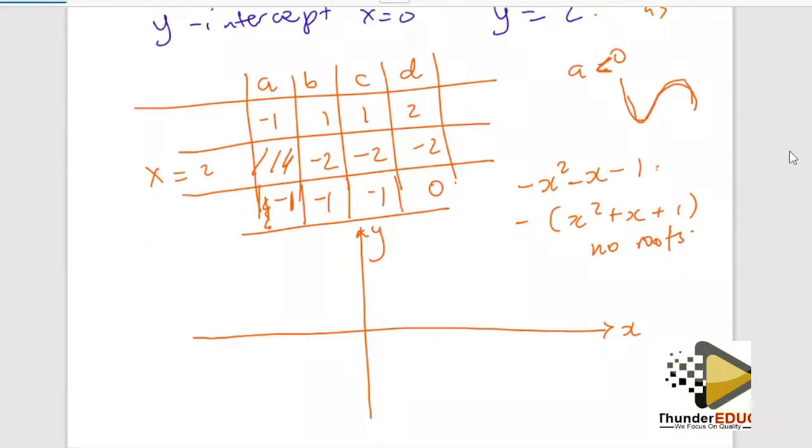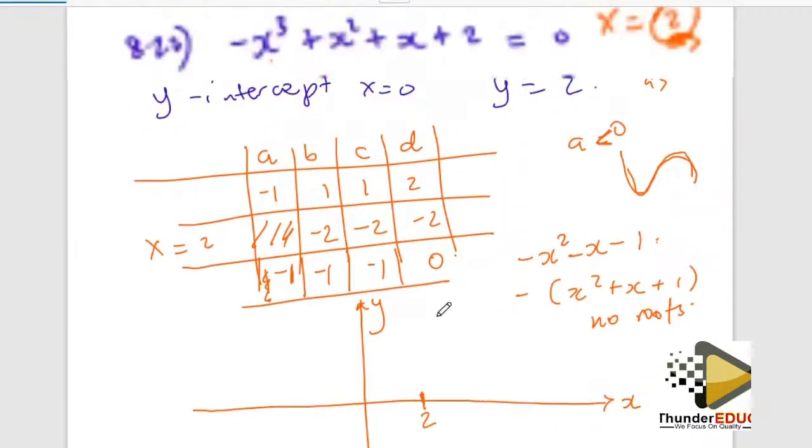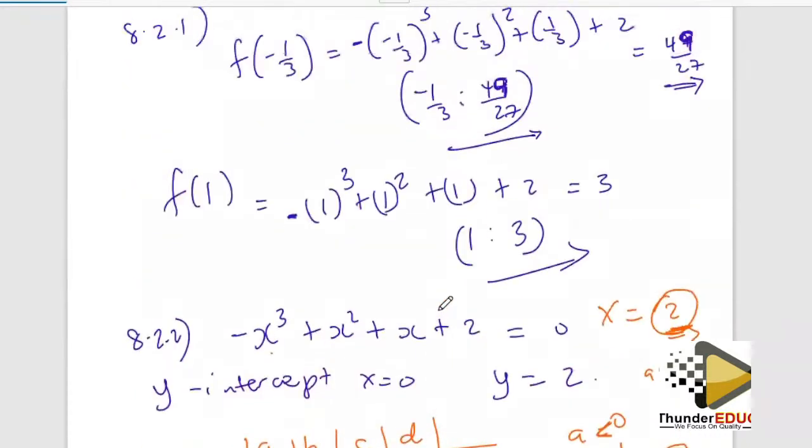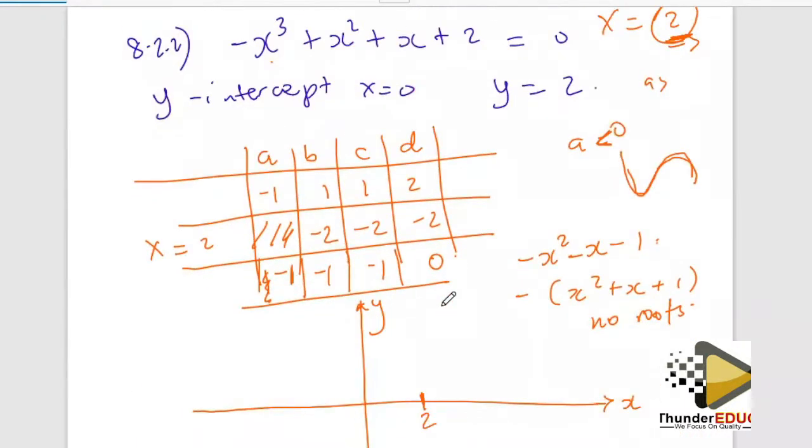Okay, so we said the x-intercept is going to be a 2. I can put a 2 there. My turning points, we said 1 and 3. So 1 and somewhere 3, somewhere there. The turning points, it's a smile.